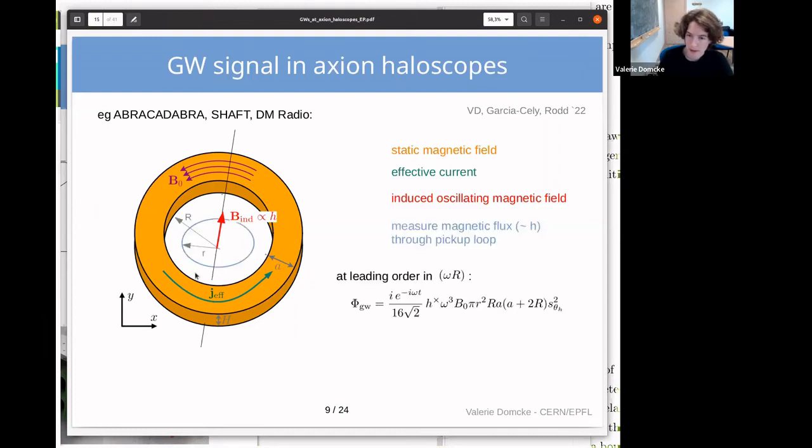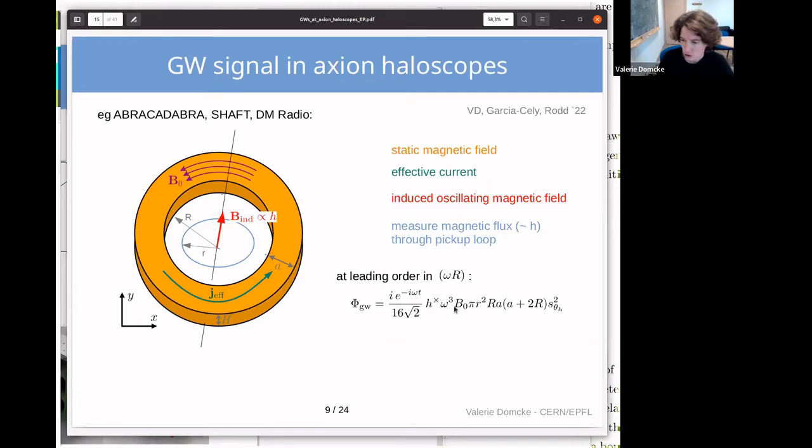And then you put a pickup loop in the center of your apparatus, and you measure the magnetic flux coming through this pickup loop, and that's going to be your observable at the end of the day. And so you can compute this induced flux as a function of the gravitational wave frequency, which is omega, and as a function of the gravitational wave amplitude, which is h cross. The cross indicates one of the two polarizations of the gravitational waves.